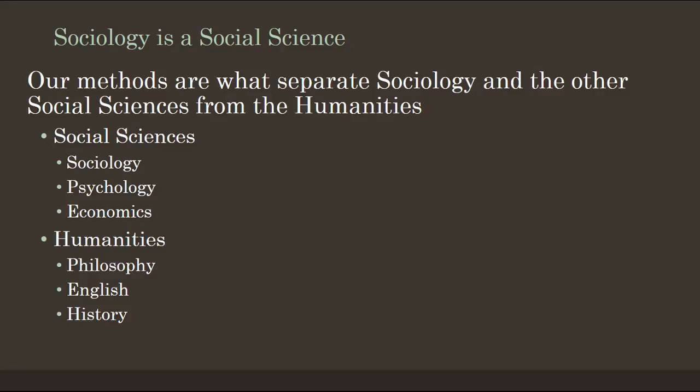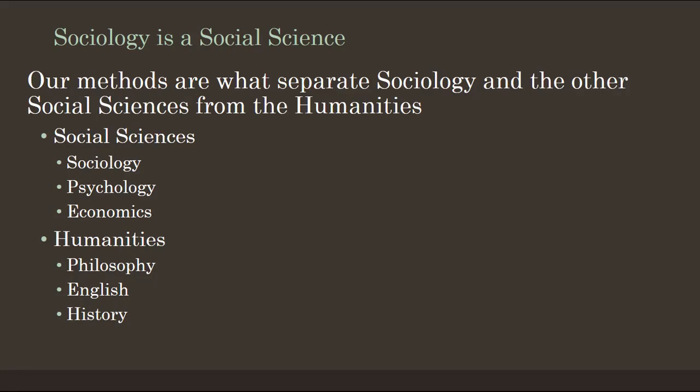So, sociology is a social science. And what makes something a social science is determined by our methods. Examples of social sciences include sociology, psychology, and economics. Humanities, on the other hand, are philosophy, English, and history.